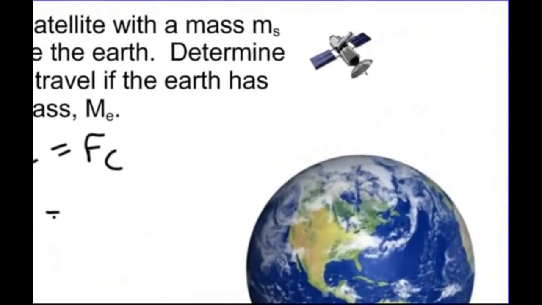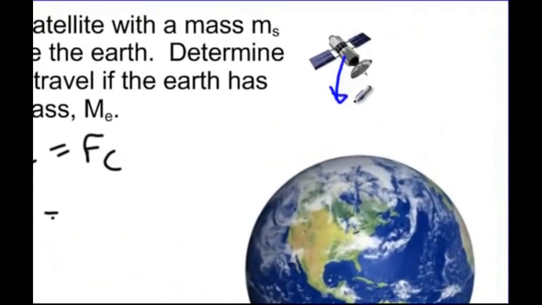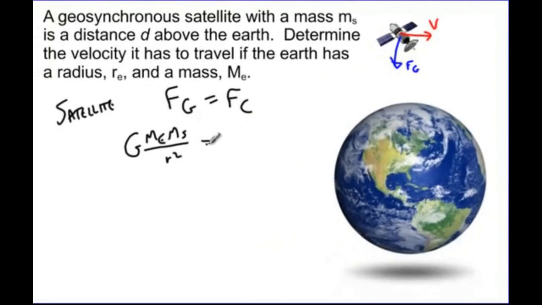You can see this satellite has a force that is towards the center, which we call a force of gravitational pull, and our velocity is always going to be tangent to the curve there. And so the acceleration is towards the center, and that is going to be equal and opposite to the mass of the satellite, m v squared over r.